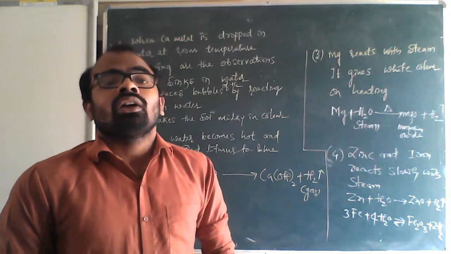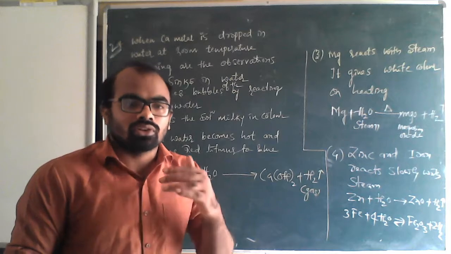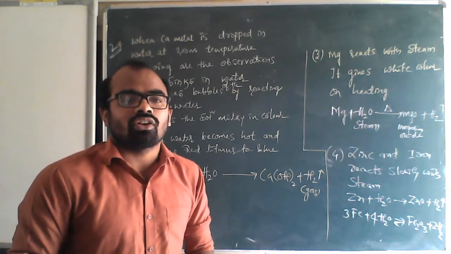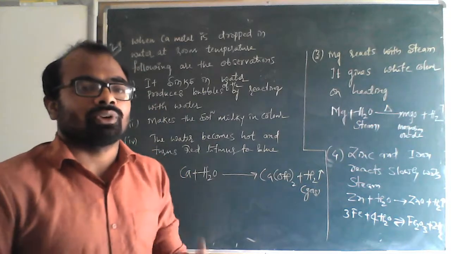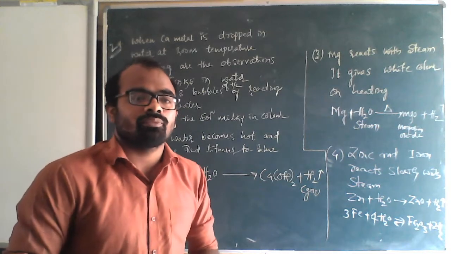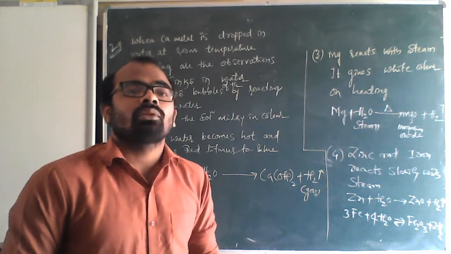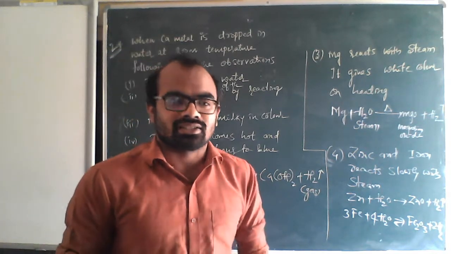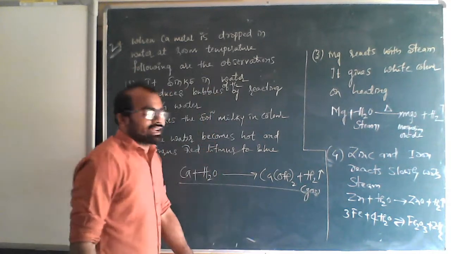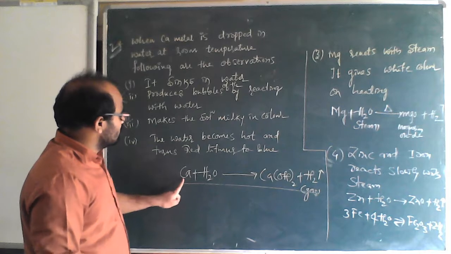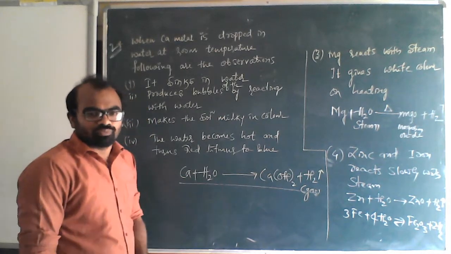So this is the reaction of calcium metal with water at room temperature. These things should be written properly when you are writing the answer. So here is the reaction: Ca plus H2O gives Ca(OH)2 plus H2.